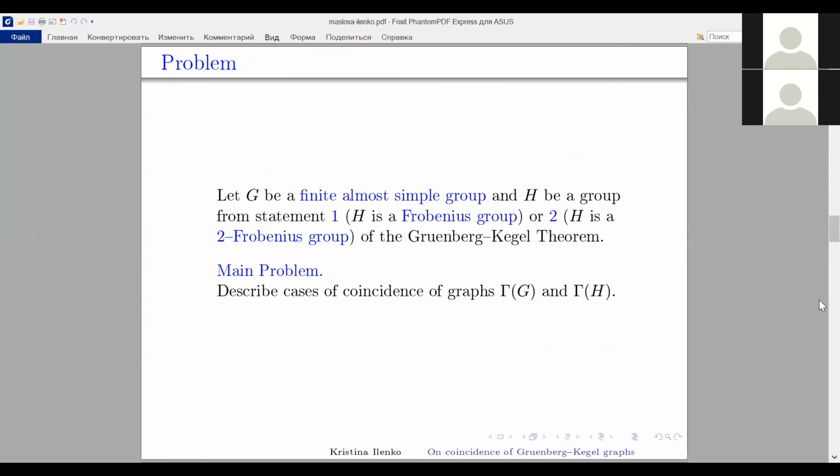We were interested in the problem of coincidence of Gruenberg-Kegel graphs of groups taken from different statements of the Gruenberg-Kegel theorem.